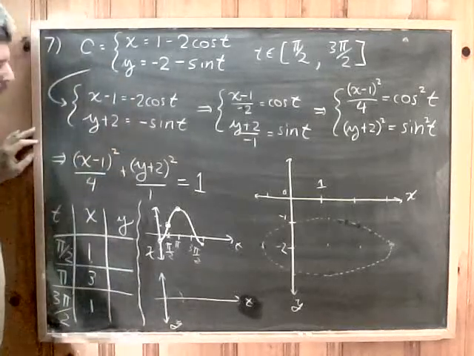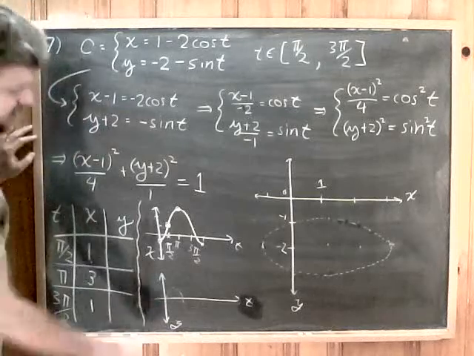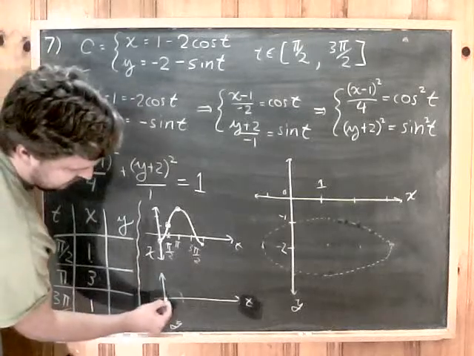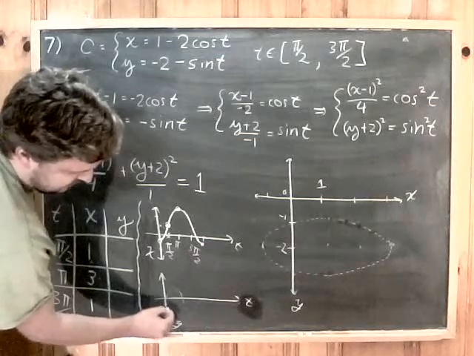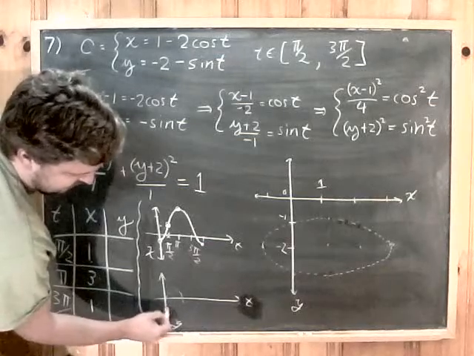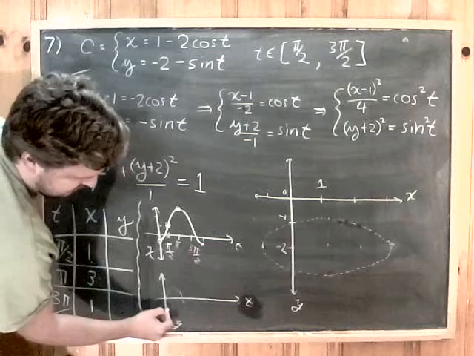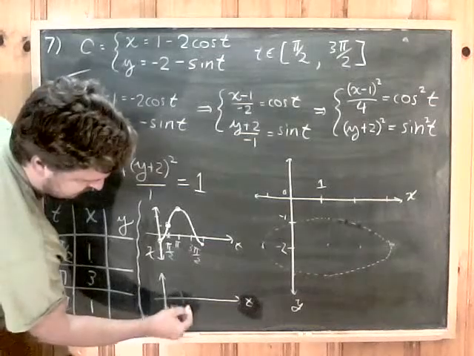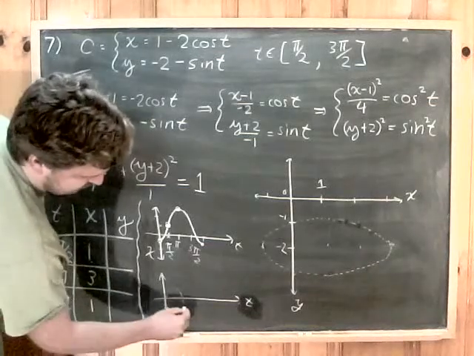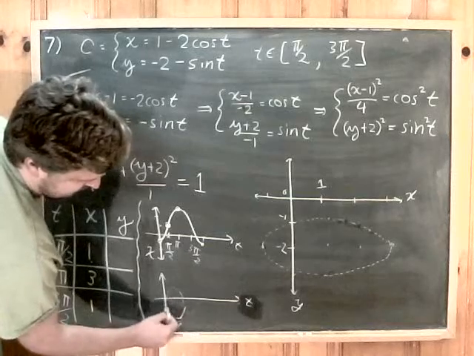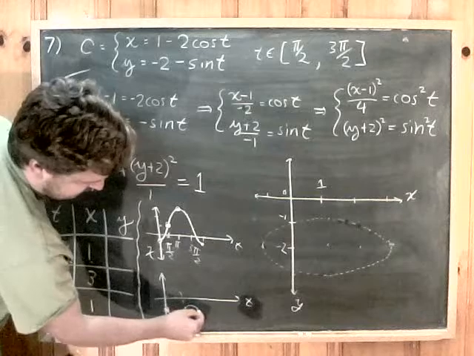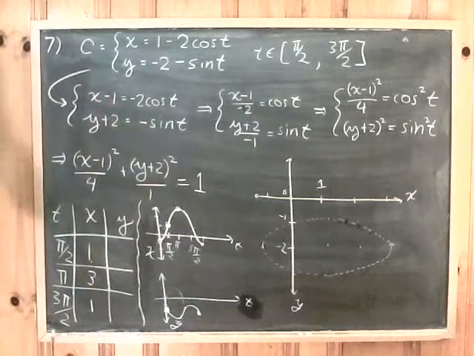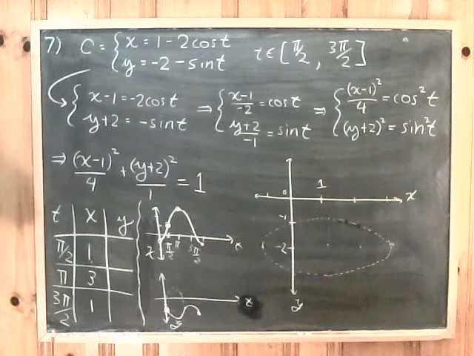This one is flipped upside down, and then it's dropped down by 2. So it actually starts off down here at -2, and it goes down instead of up. And since it's dropped by 2, it will only get up to there. So that's the graph of y versus t, roughly drawn.